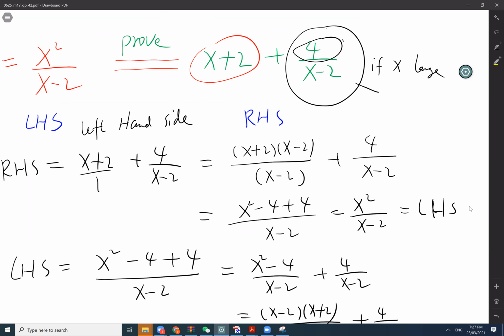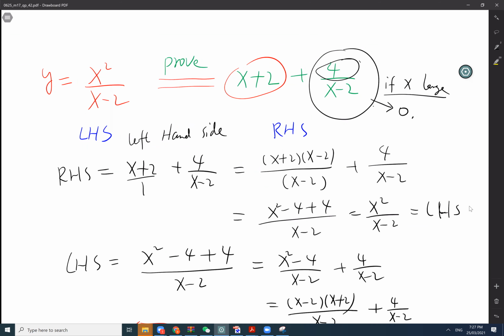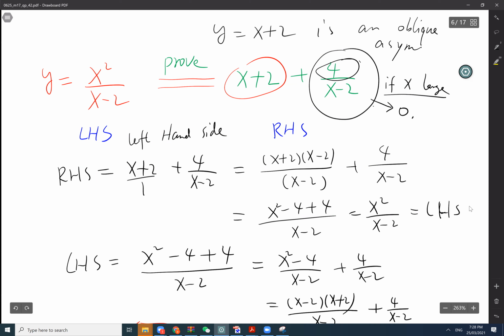We can just say if x is large, this part is around 0 compared with the previous part. If the second term is ignored, we only get the first term. That's why y equals x plus 2 is an oblique asymptote.